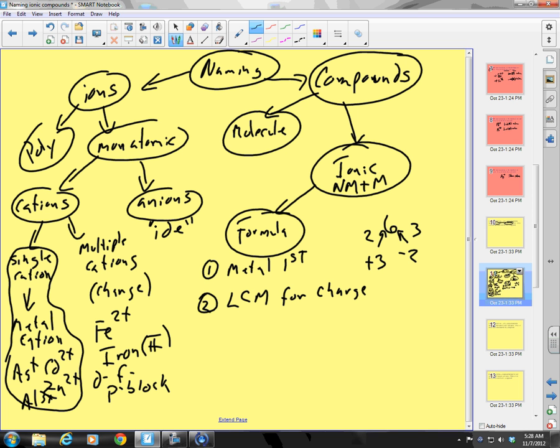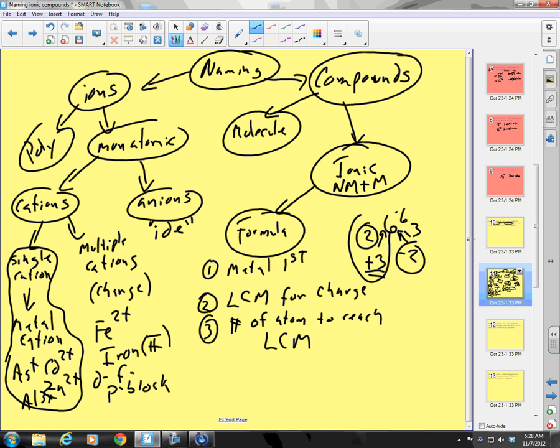Good. So we find the least common multiple based on their charges, and then determine the number of atoms needed to reach that least common multiple, like we just did here. I said, hey, if I have a +3, I need 2 of these to get up to 6. And if I have a -2, I need 3 of those to get to -6. Okay? And what are we really talking about here? We're really saying how many electrons need to be lost here and how many electrons need to be gained here, right?